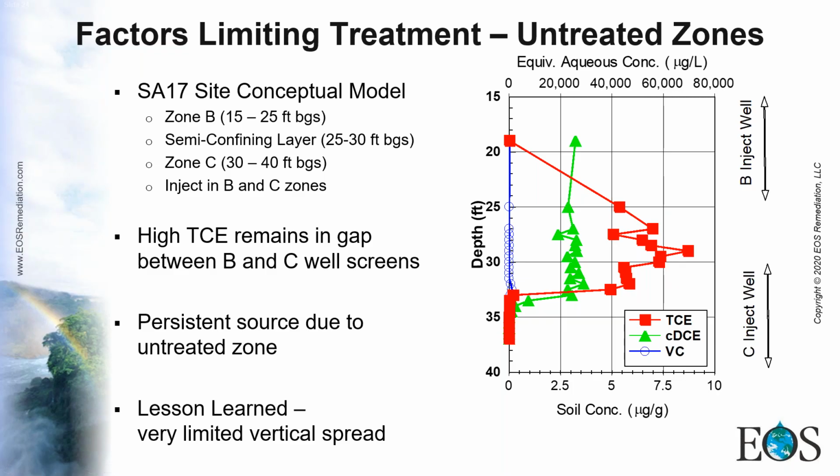And that's why I keep beating on this: the dissolved organic carbon might migrate a little bit, but it really does not migrate far at all. You have to bring the oil right to the contaminant if you want to get good removal. And I think this is a perfect example of that.